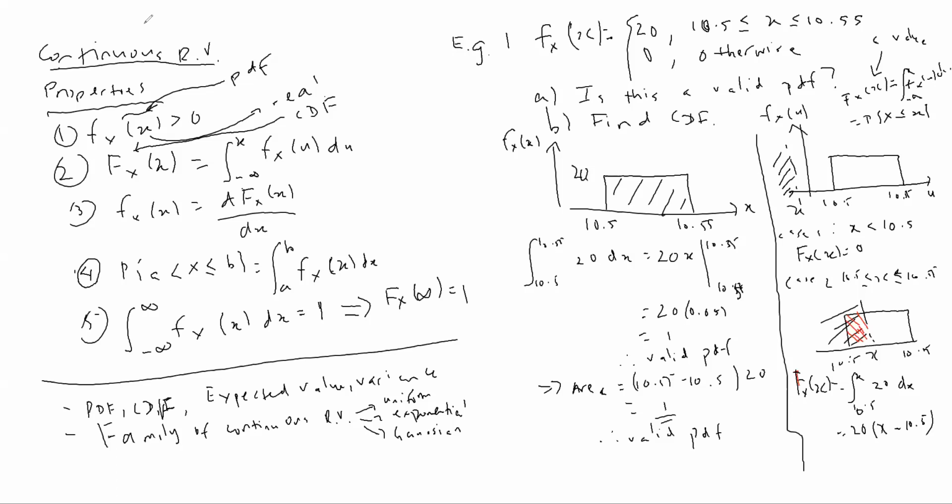And of course, the final case, which is very straightforward, case 3: when X is larger than 10.55, what is my Fx of X then? If it's larger than 10.55, that means my X is going to be here, so it covers the total area.